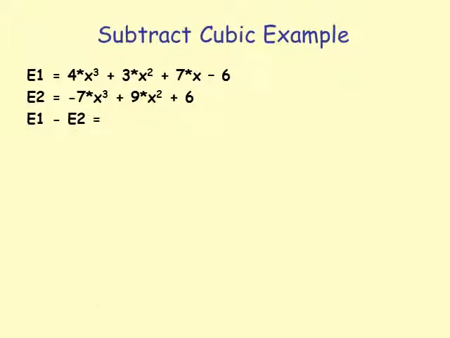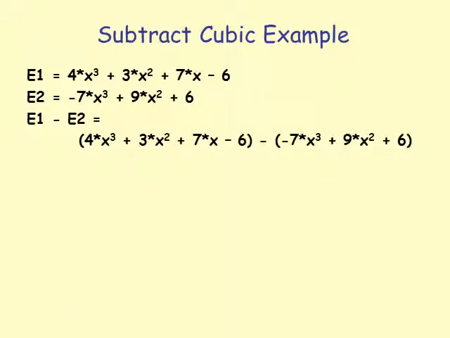Let's continue. So we have E1 minus E2, which is equal to, now we replace E1 by the right-hand side of E1, which is 4x cubed plus 3x squared plus 7x minus 6, and this minus sign here, and E2, minus 7x cubed plus 9x squared from here, and plus 6.